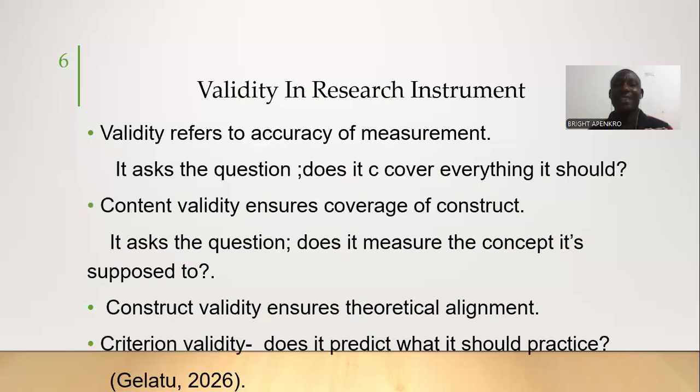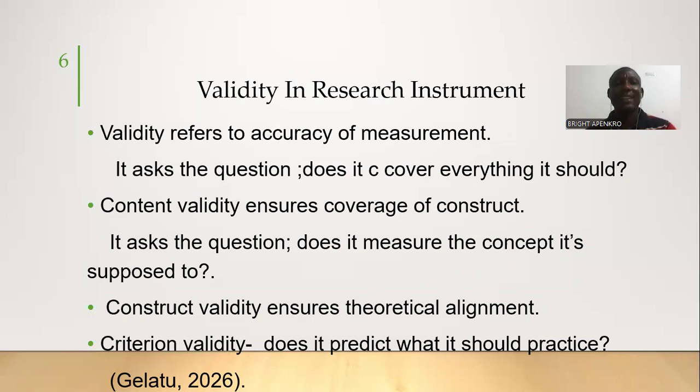What is the accuracy of that measurement you took? That is what we are looking at. We are looking at how accurate it is. Can it be accurate so that when anybody takes that measurement, the same results will be achieved?